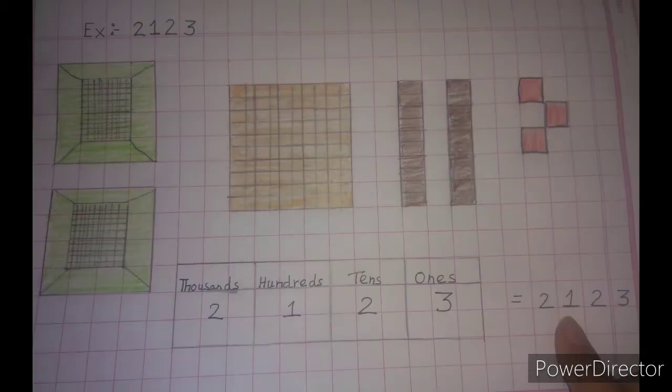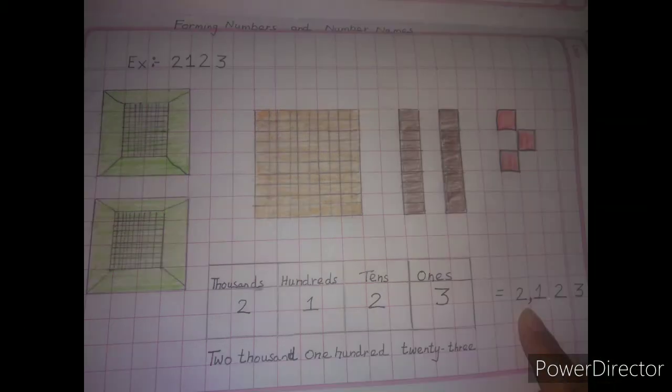Then we will write it as 2123. We will add a comma after 2. That is the 1000 digit.